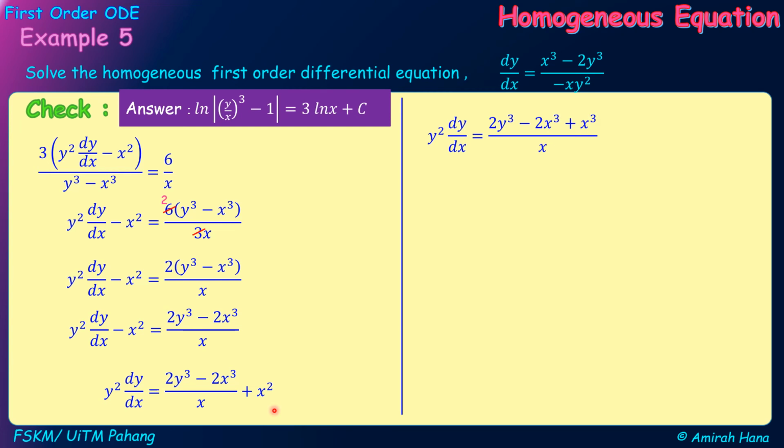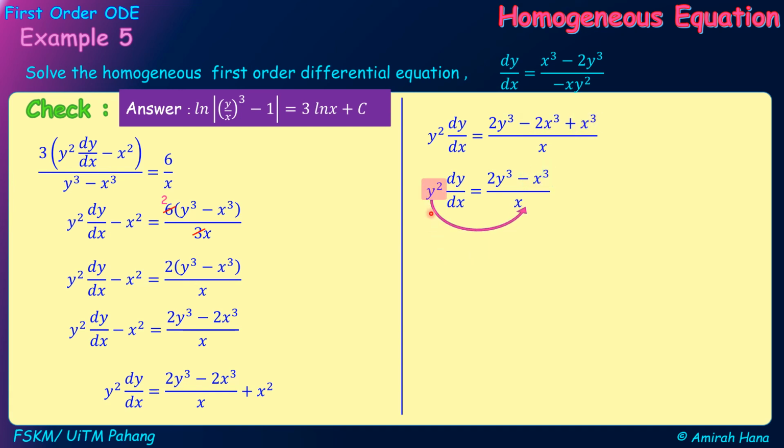Then we can standardize the denominator on the right hand side. So we get this. And after that, we can simplify. Minus 2x cubed plus x cubed here. So after we simplify, we get minus x cubed, right?